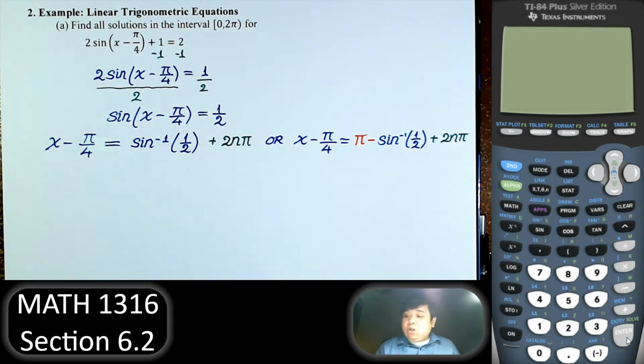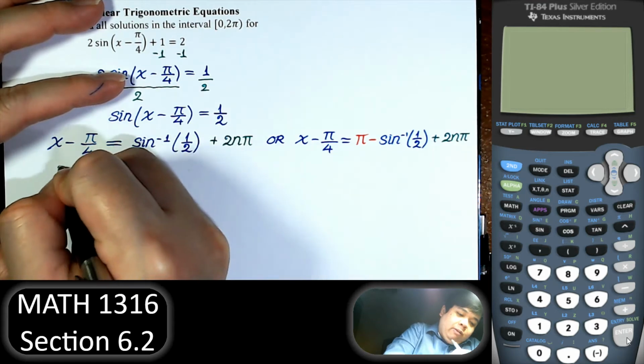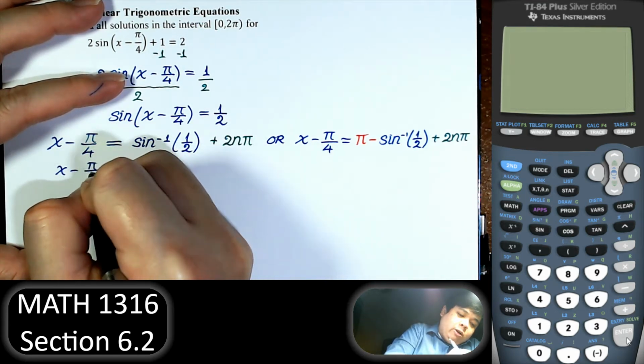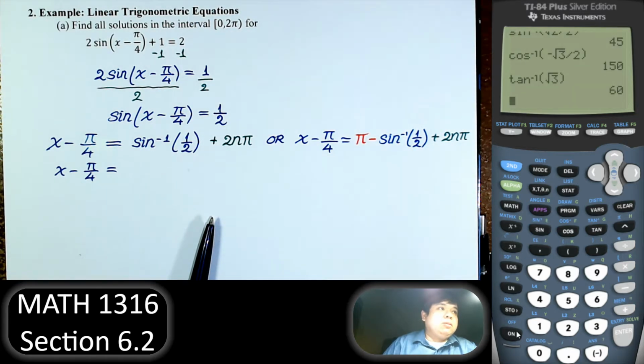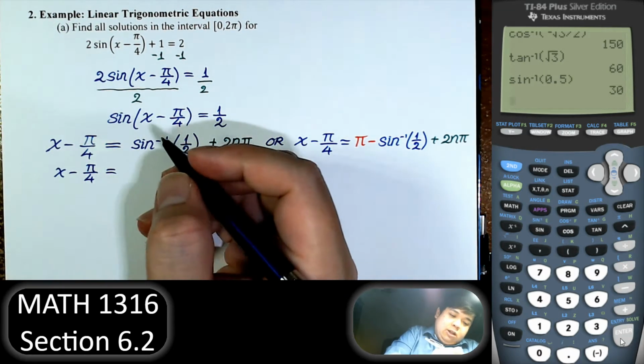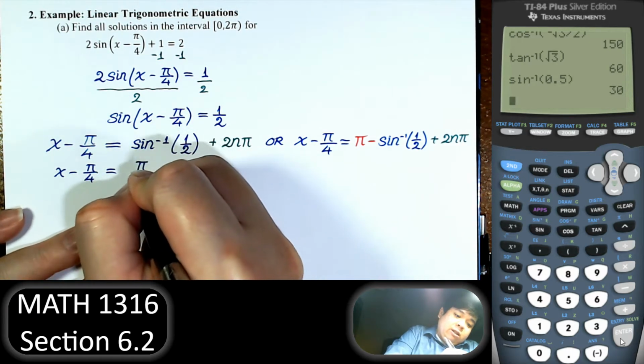Right, now let's solve for x first. So we have x minus pi over 4 equal to sine inverse of 1/2. Sine inverse of 1/2 or 0.5 is 30 degrees. 30 degrees converted to radians is pi over 6.